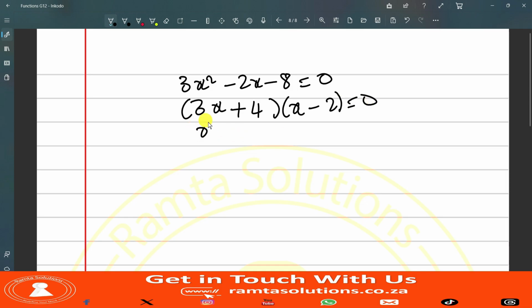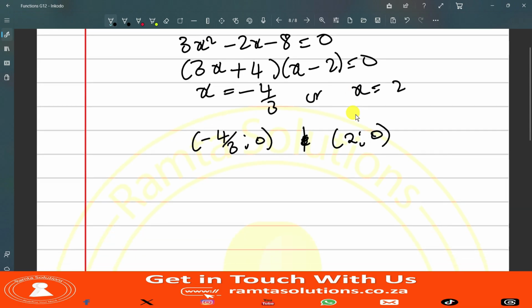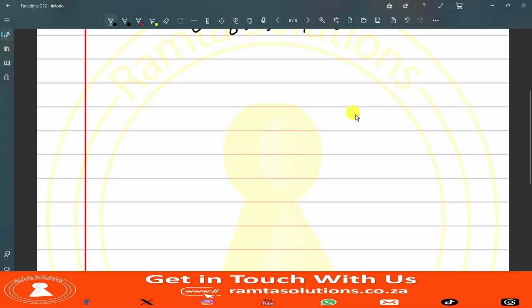And we said this is x equals negative 4 over 3 or x equals 2, right? So we had negative 4 over 3 and 0, and 2 and 0. These are our x-intercepts, right?